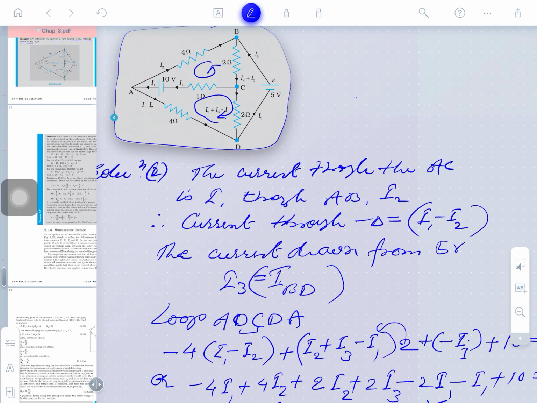And A to C, minus 10, because you are traveling from high potential to low.